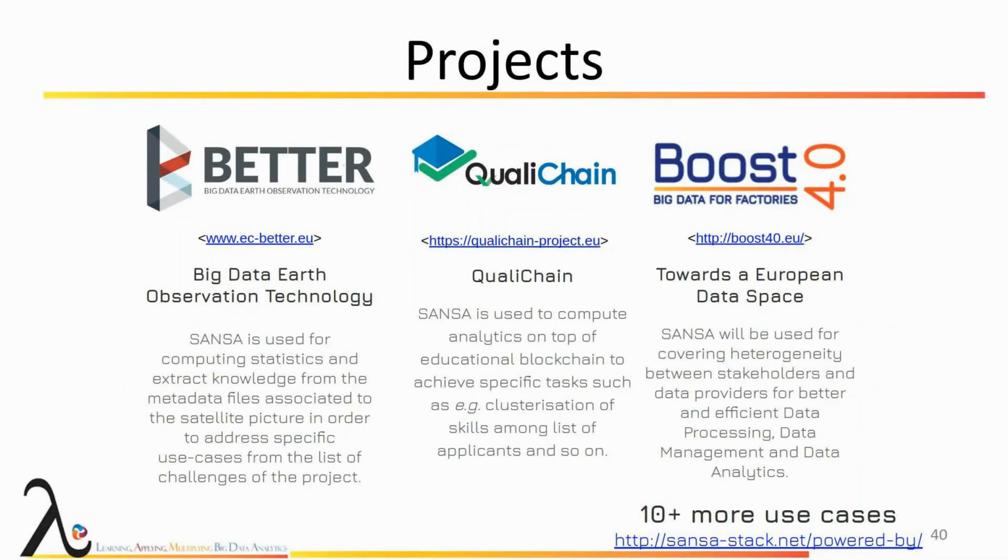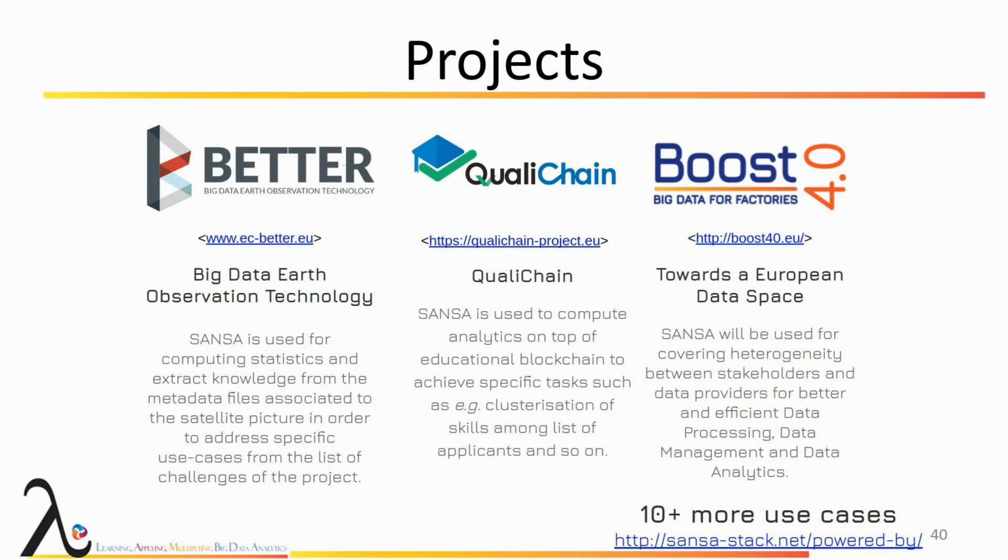There are also other projects where SANSA has been involved. It has been involved in BETA, which is about big data Earth observation technologies, and we were using SANSA there to design some really specific pipelines dealing with seismic information.